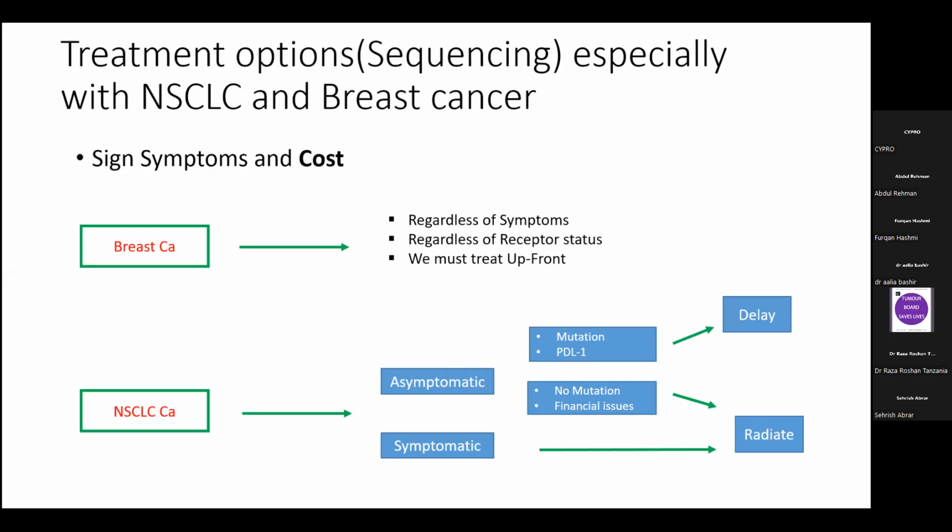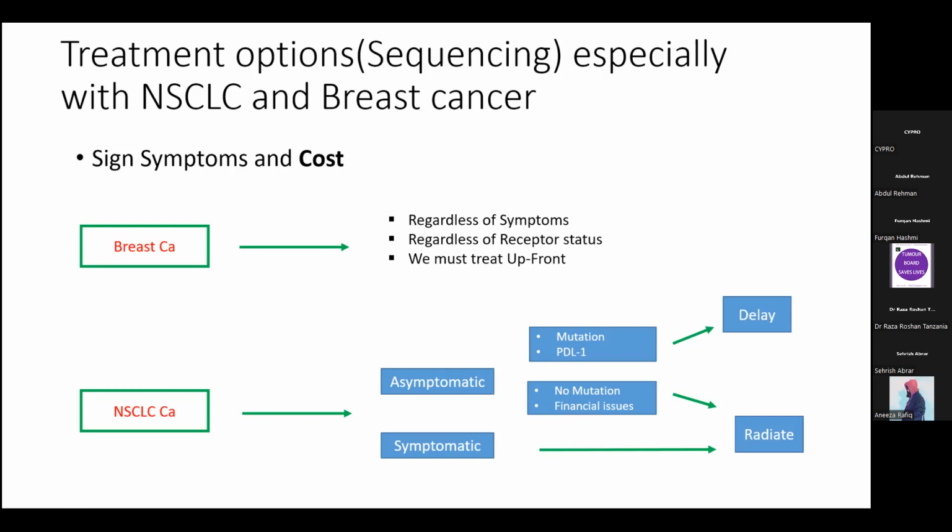But in case of non-small cell lung cancer, we look into whether the patient is symptomatic or asymptomatic. If the patient is asymptomatic and receptor positive, we delay the radiation. We delay the radiosurgery. If there is no mutation, and there is a financial issue as well, because no mutation means that this patient possibly can be offered immunotherapy, because immunotherapy doesn't depend on the receptor status.